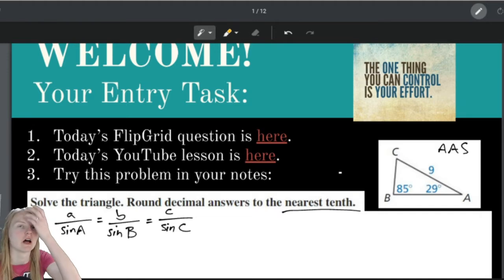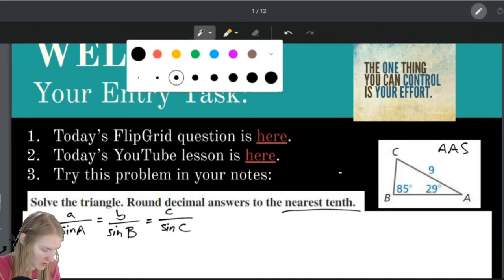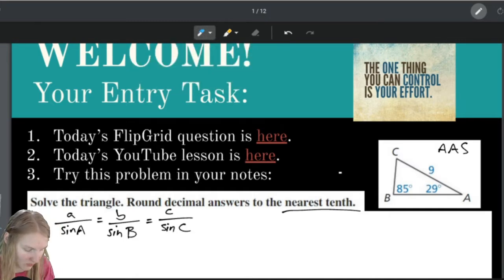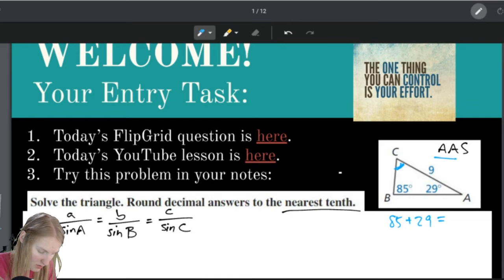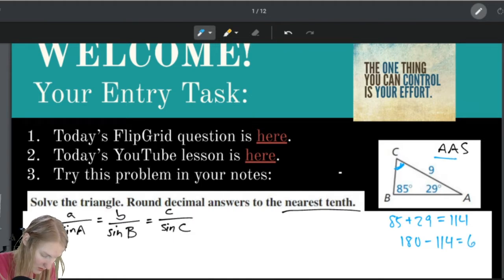Beautiful. All right, so now let me look at my diagram. Is there anything I can figure out without the law of sines? Wait a second. If I have two angles, I can find the third. So 85 plus 29 is 114, and 180 minus 114 is 66.